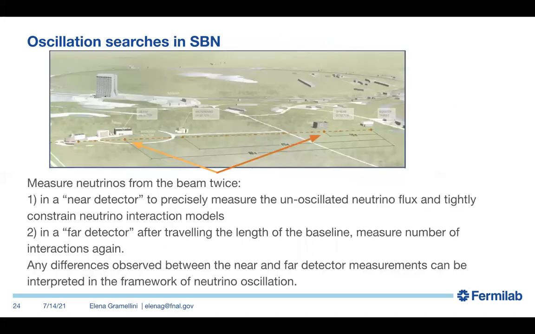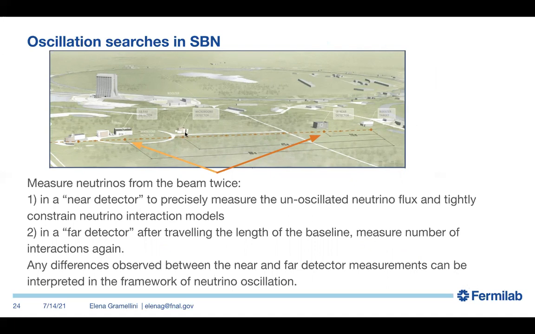So talking again about the SBN program, I told you at the beginning that we have one detector online, which has been taking data for a while, which is the MicroBooNE detector. And this is the closest to MiniBooNE.